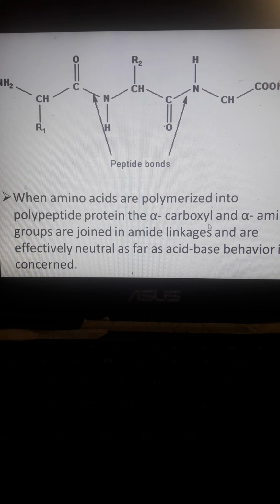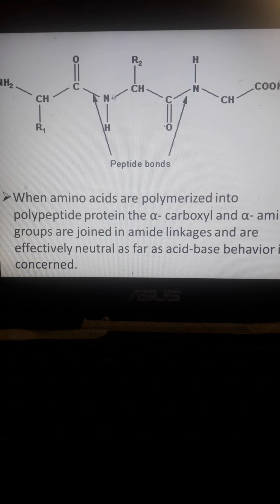The alpha carboxyl group and the alpha amino group are joined together by linkages that are effectively neutral in acid-base behavior. So if this is the alpha carbon, this is an example, this is one amino acid and another amino acid. Usually they are linked by amide.